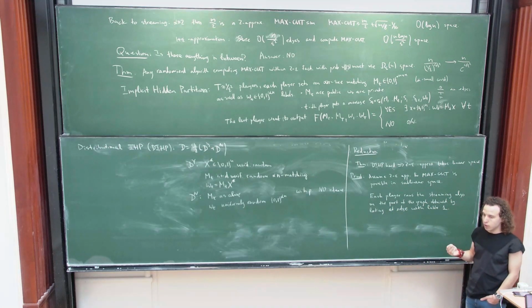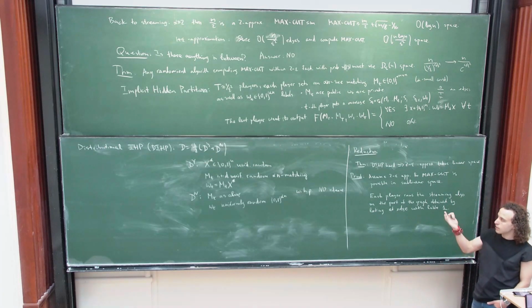And so the last player, to understand whether it's a yes or no instance, looks at the result of the algorithm and says yes if the value is close to the total number of edges.